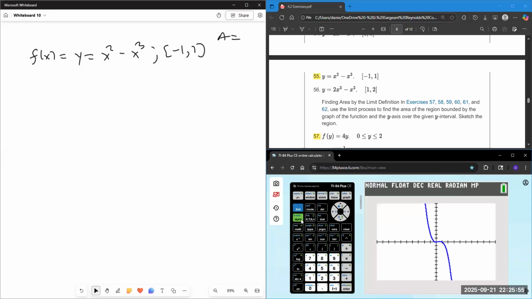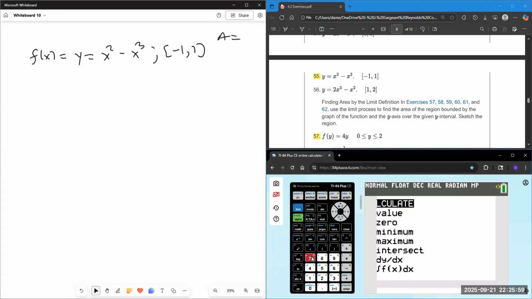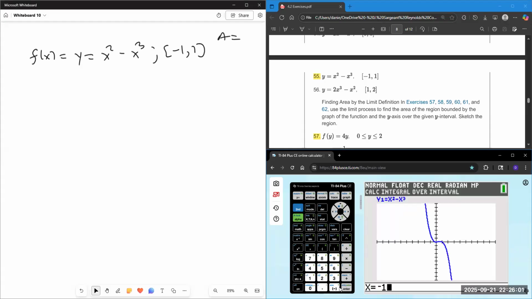Graph that, and then calc 7, -1 to 1, and my answer is 2/3.